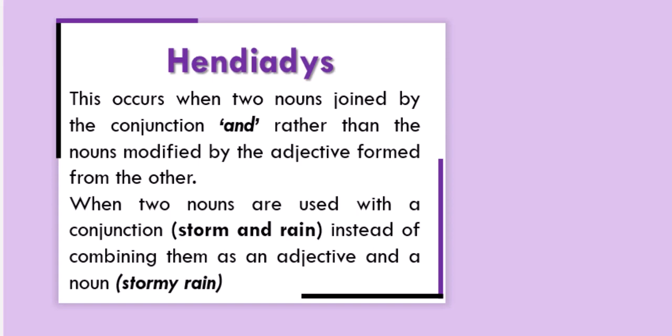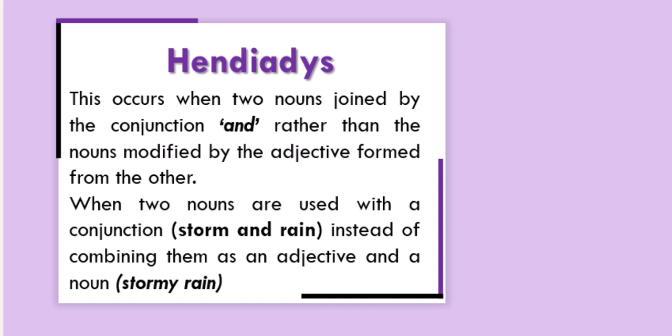When two nouns are used with a conjunction, for instance, storm and rain, instead of combining them as an adjective and a noun, stormy rain, with rain as the noun and stormy as an adjective, you decided not to make stormy an adjective, you decided to make it a noun. So when we have storm and rain, that is hendiadys, because stormy rain is the normal way it's supposed to be expressed.